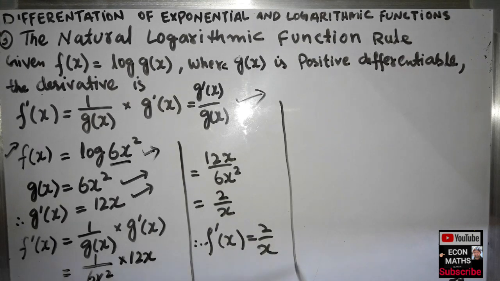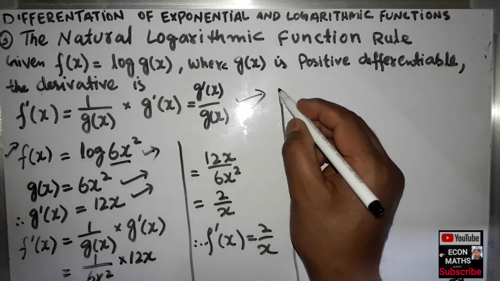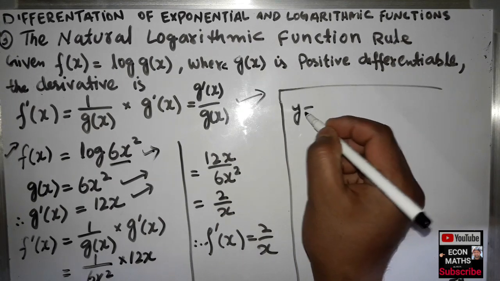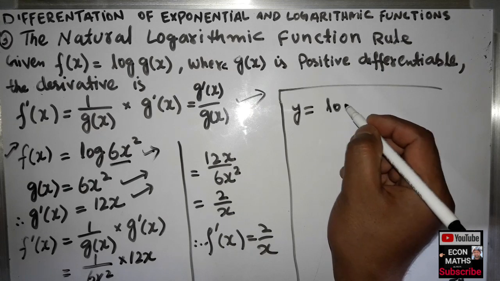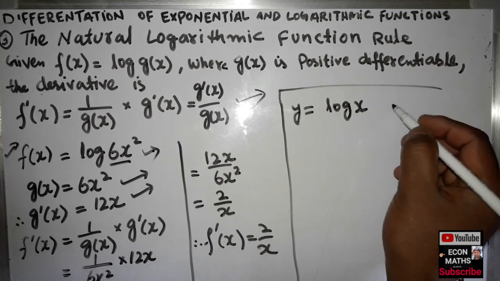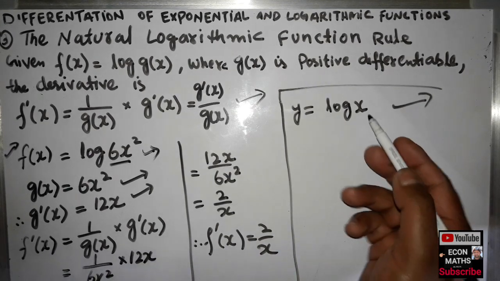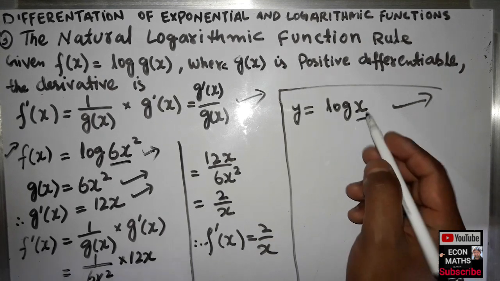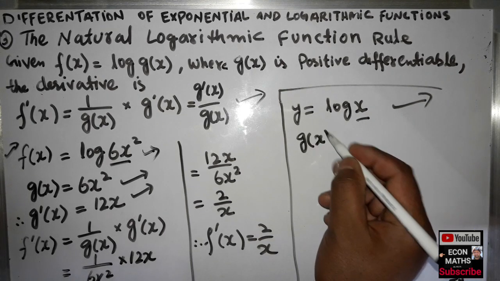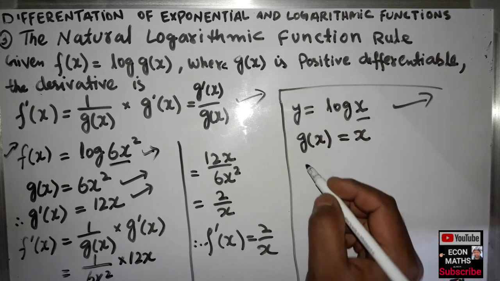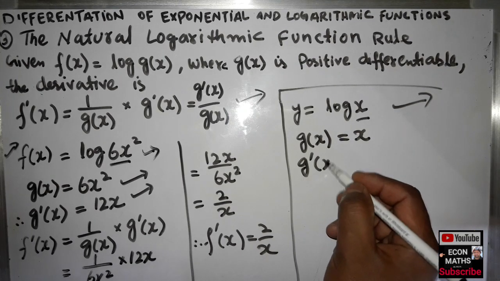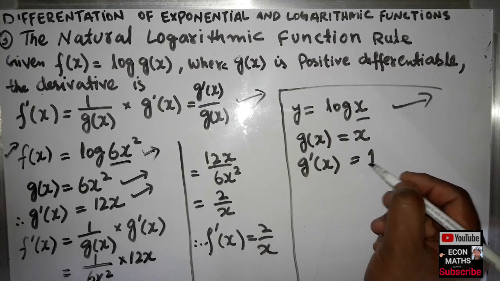We can have another example. Let us say y is equal to log of x, and we have to differentiate this. First of all, here we have x, so I will write g of x is equal to x. Now the derivative g dash x is equal to 1.